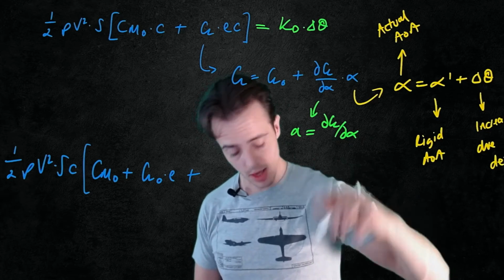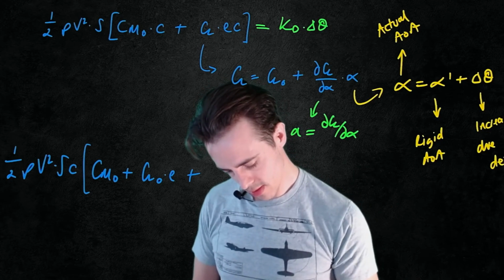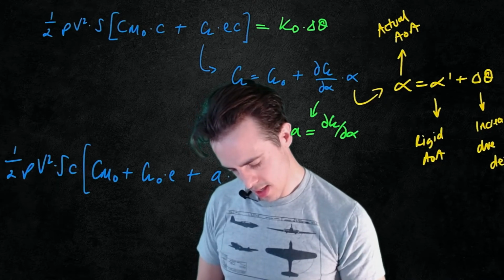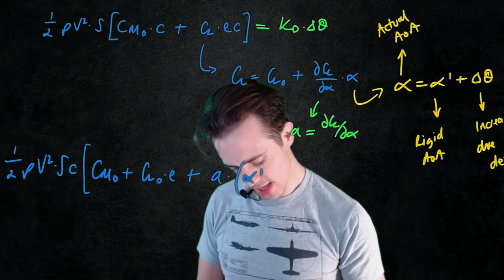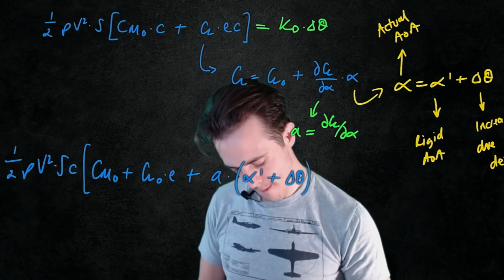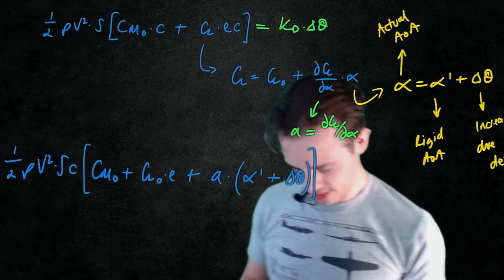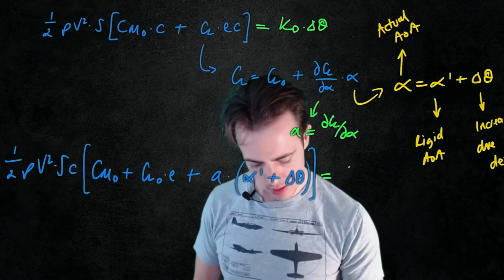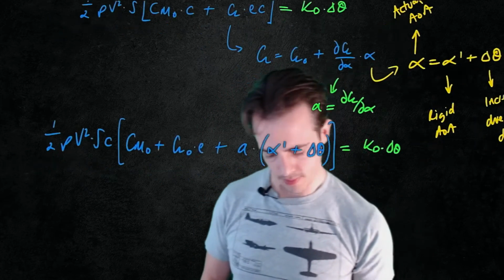A is just the lift curve slope. So then I'm going to have A multiplied by the rigid angle of attack plus delta theta. Check that's right. Yep, everything should be good in there. Still equal to KD multiplied by delta theta.